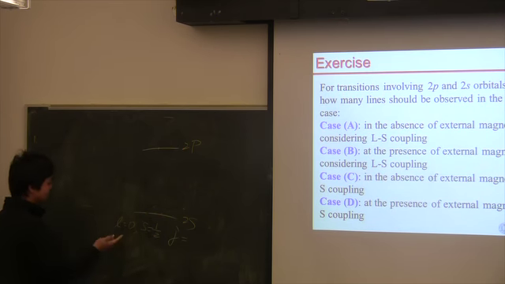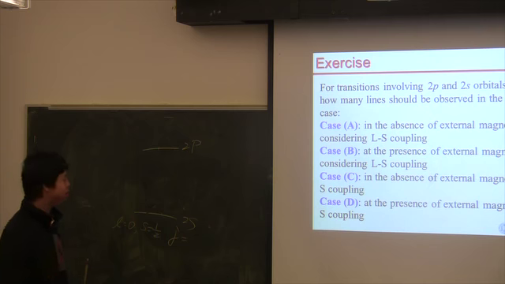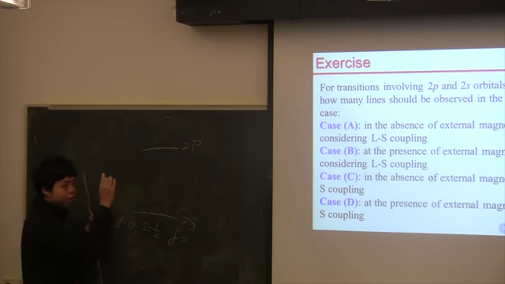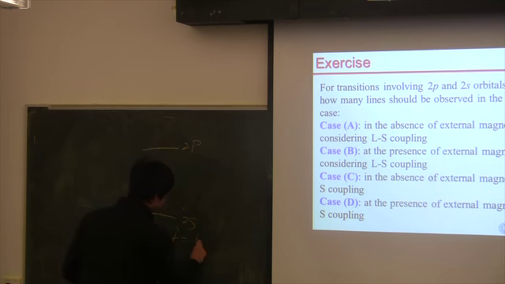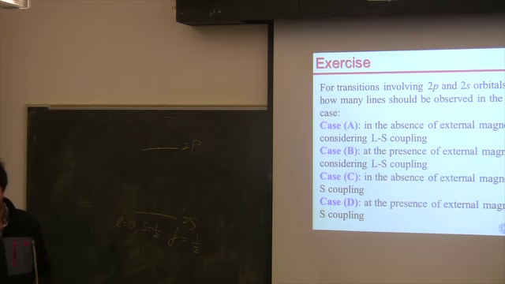So J equals, the possible values for J are L minus S to L plus S with an interval of 1. So L minus S is actually minus 1/2, but we always choose the absolute value, which is 1/2. 0 plus 1/2 is also 1/2, so it's just one number.